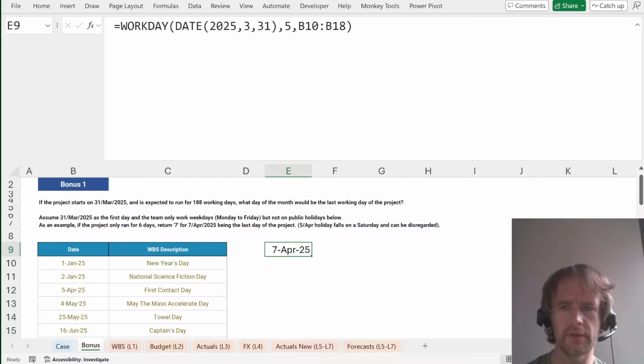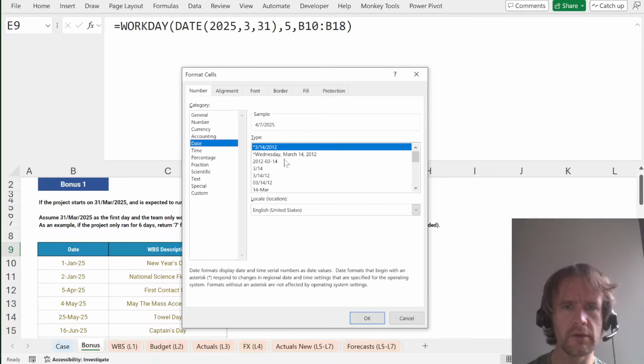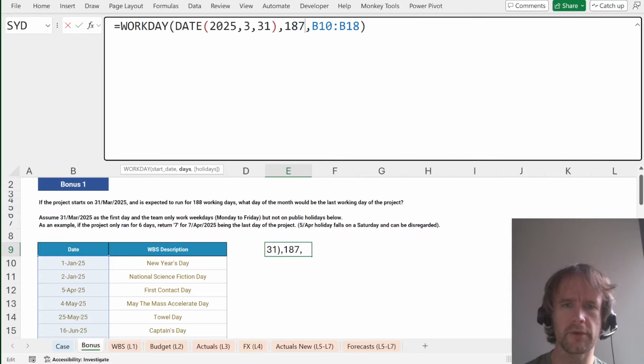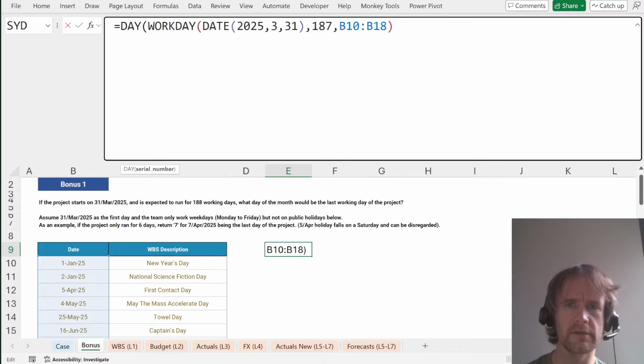Okay, so the 5th and 6th of April are presumably weekend. Okay, fine. So I guess the 31st of March is a working day itself, so we want to go for 187 days and then take the day of that.